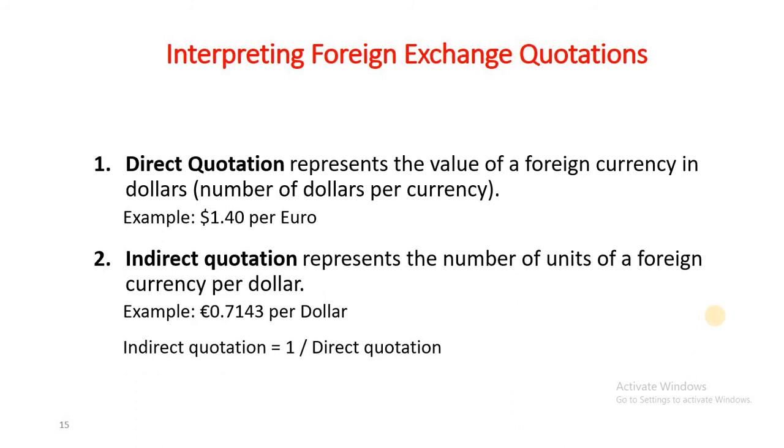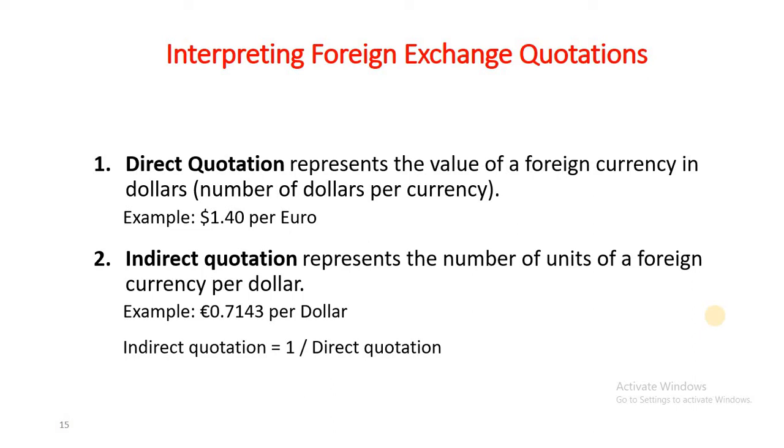And indirect quotation means value of foreign currency against one unit of home currency. So for example, euro 0.7143 is equal to $1.